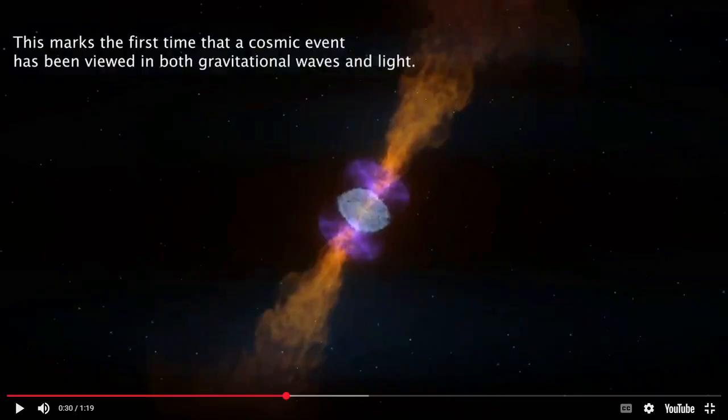We were a little bit off to the side, but due to some relativistic effects, as this gamma ray burst spreads out into space, its opening angle eventually was aligned so that the Earth could see it. So this is the first and so far only time that we've detected the gravitational waves from a neutron star merger and the electromagnetic waves from the same event. That was a very important discovery.